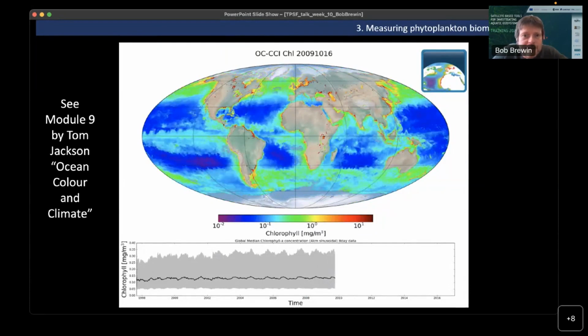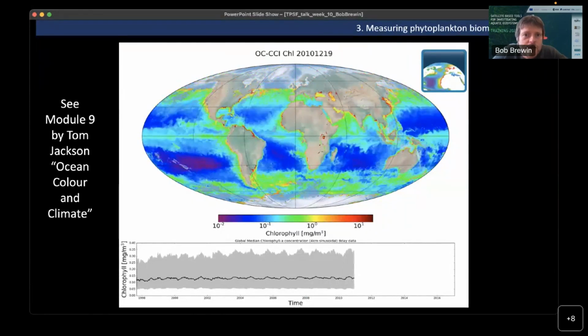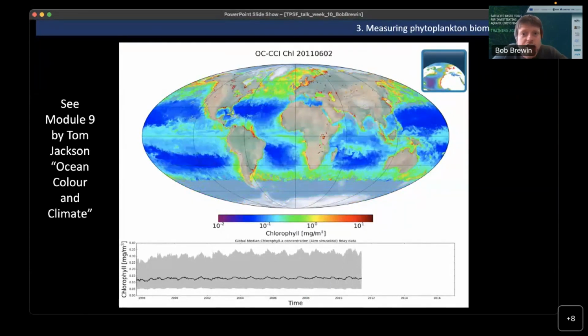We can really get detailed patterns of how the phytoplankton biomass in the ocean changes seasonally, changes spatially, and also changes at interannual timescales.